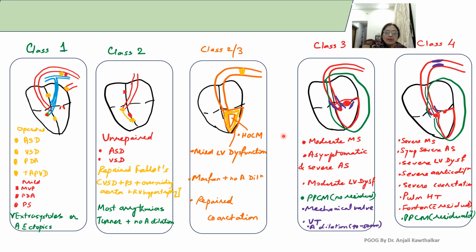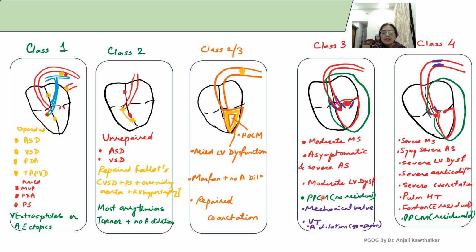Initially, though, we can find the classification complex if you know the reasoning why this condition is going to this class. Such as mechanical valve, we know that the chances of thromboembolism are so high, and we need to give anticoagulation, and still the risk will be more. Even the treatment itself can lead to some complications, and that is why it comes to class 3.